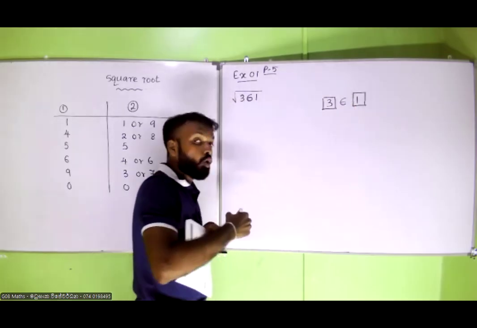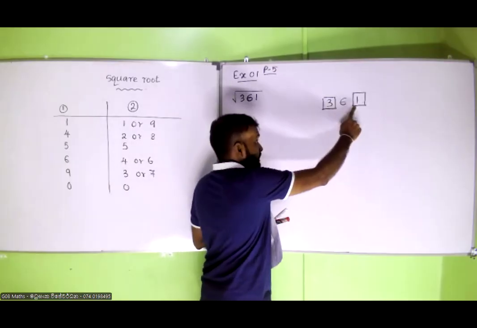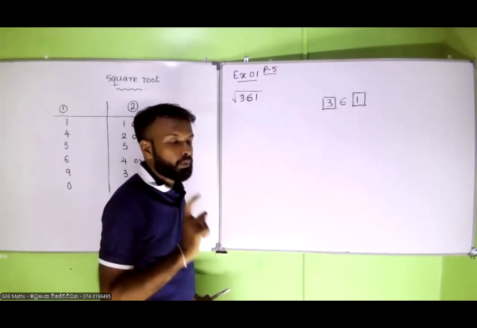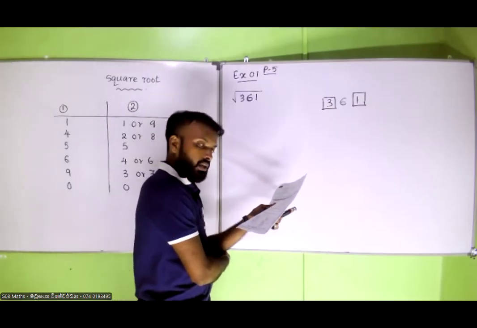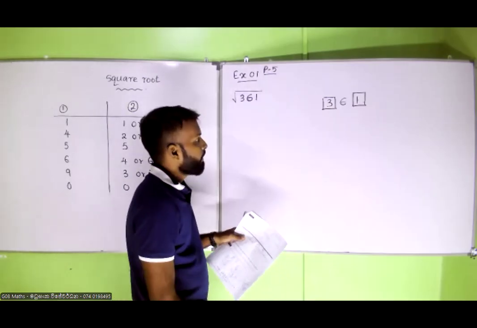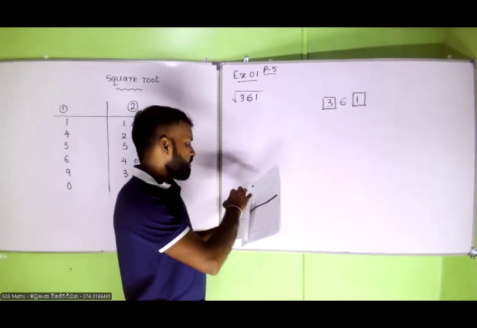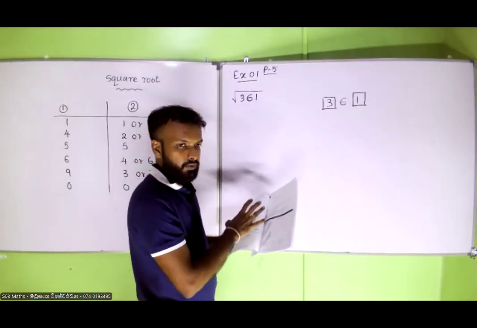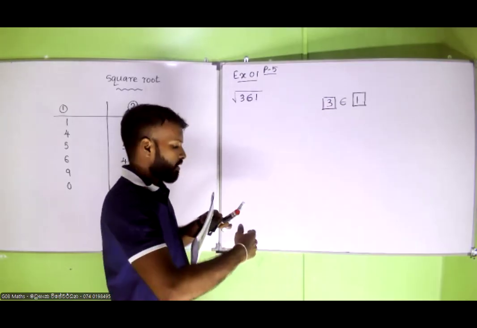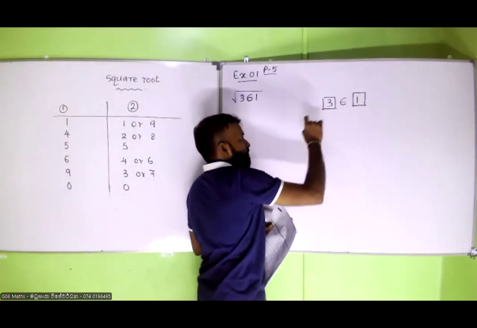I am going to observe this one and this one only in order to obtain the square root of 361. In the other page as well, you have enough space, so don't worry. Now I have covered this one and this one.